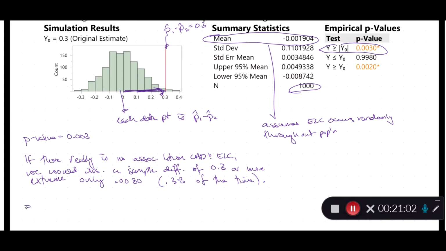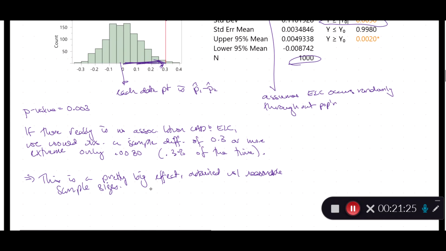Furthermore, this is a pretty big effect obtained with reasonable sample sizes. In this case, my effect is P1 hat minus P2 hat of 0.3.